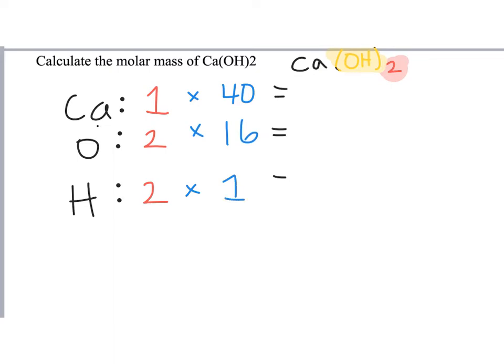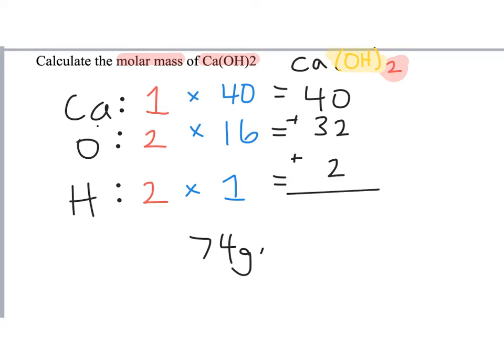Multiply these out, we're going to get 40 plus 32 plus 2. And when we add all this up, you're going to get that the molar mass of this substance, calcium hydroxide, is going to be 74 grams per mole.